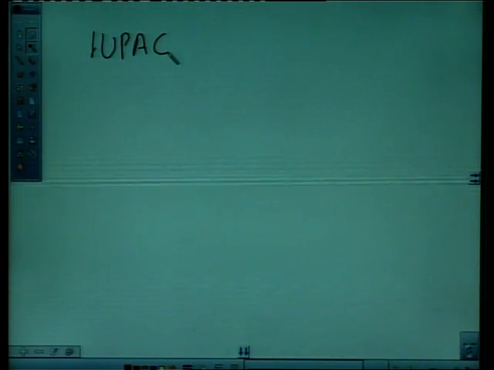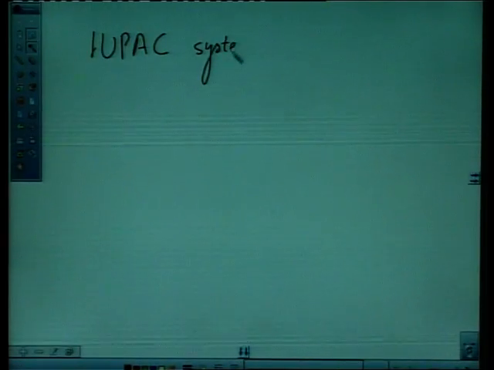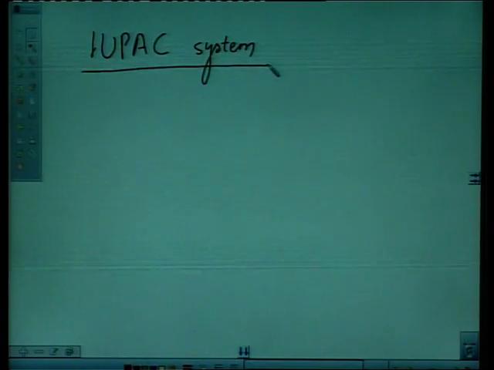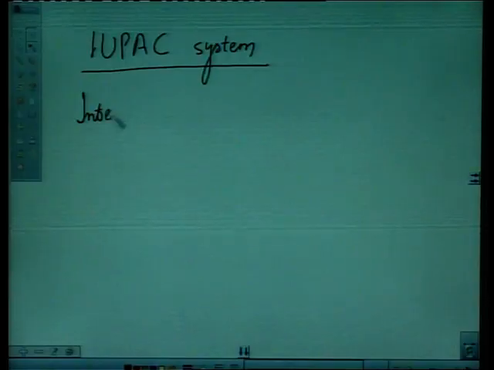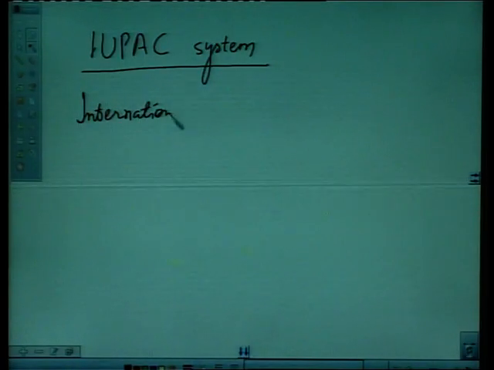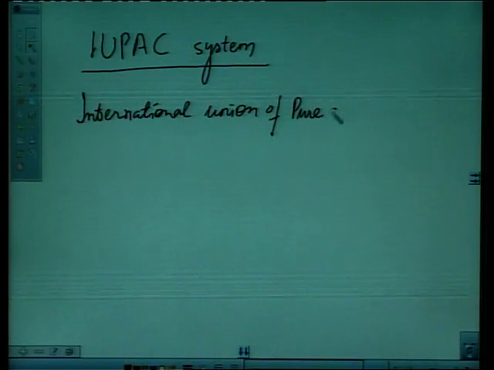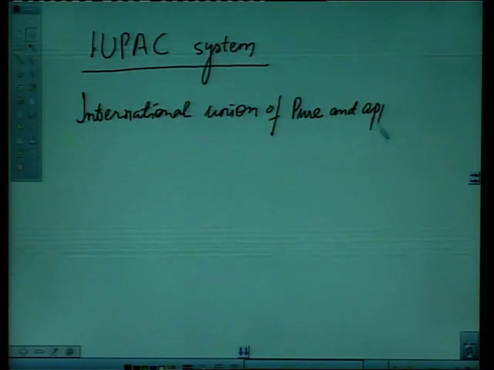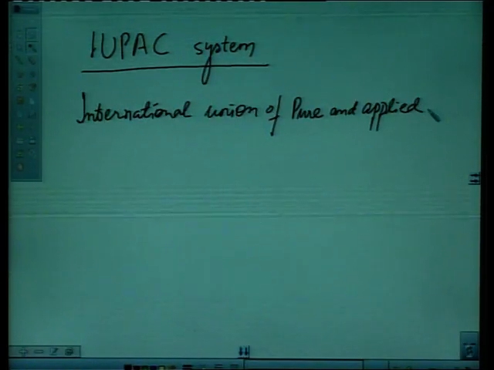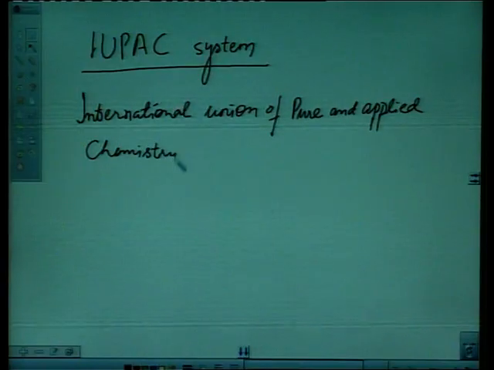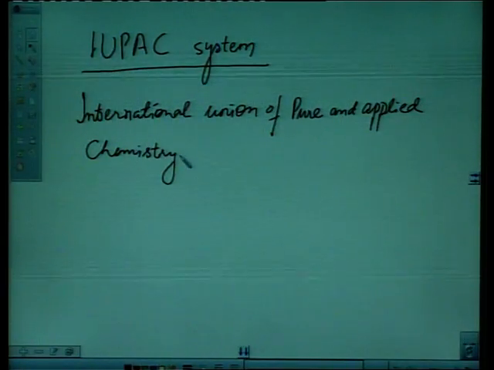Another system is the IUPAC system. In this system, the name is given according to specific rules. IUPAC means International Union of Pure and Applied Chemistry.